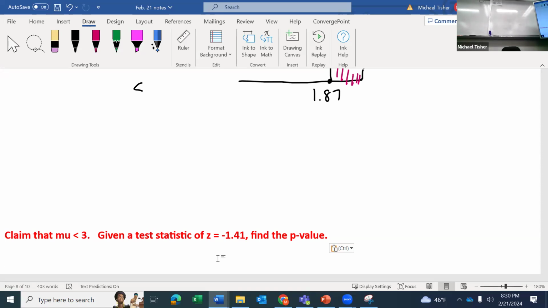Right tail, two-tail test. Left, yes. So what we really want is the flow chart. This one wants the area to the left, below the negative 1.41.